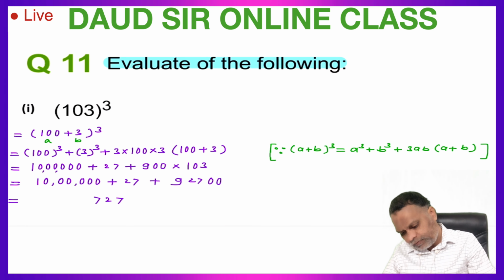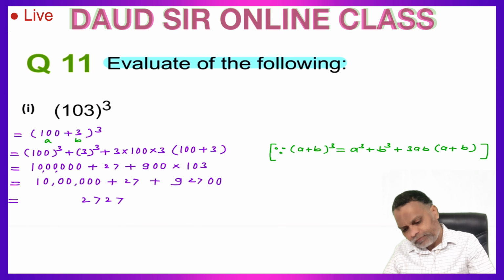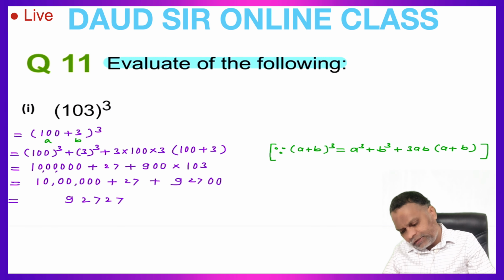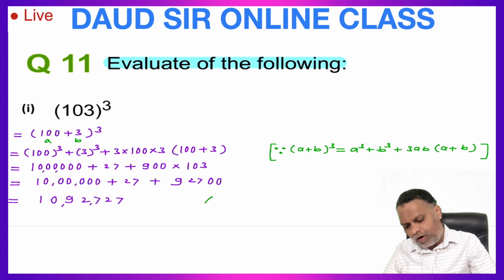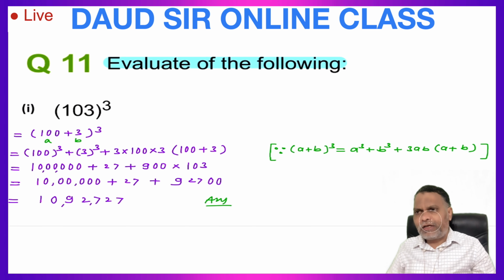Fifth digit 9 plus 0, 9. And sixth digit 0 and seventh digit 1. So this is ones, tens, hundreds, thousands, ten thousands, lakh, 10 lakh. 10 lakh 92,727 is the required value of 103 whole cube.